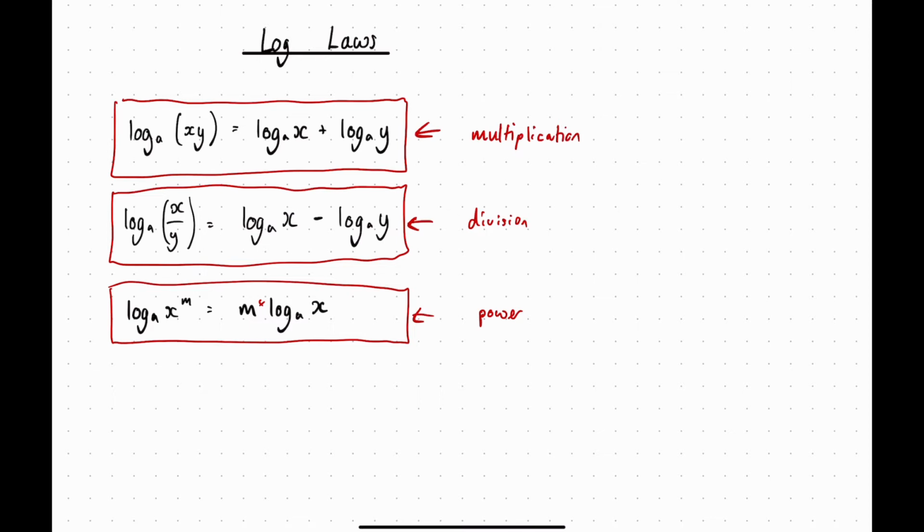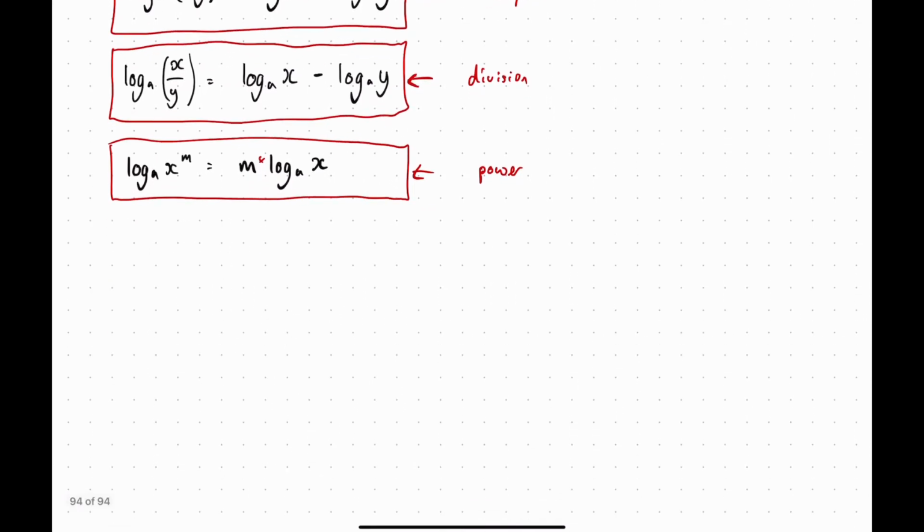Using the power law, there's one more thing that could be considered a log law, but it's just based on a previous one. If you've got log of any base of 1 over x, that can be rewritten as minus log base a of x, because log base a of x to the minus 1 becomes minus log base a of x. So log of 1 over x is the same as minus log x.